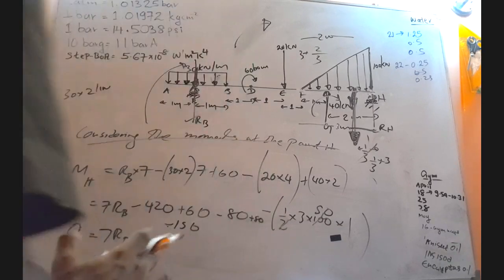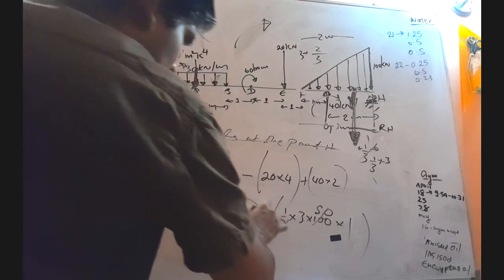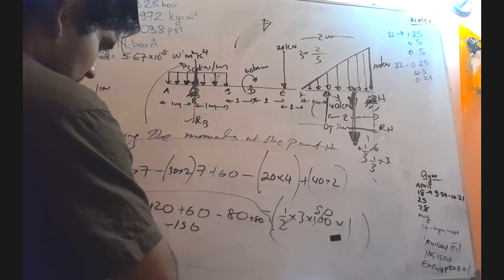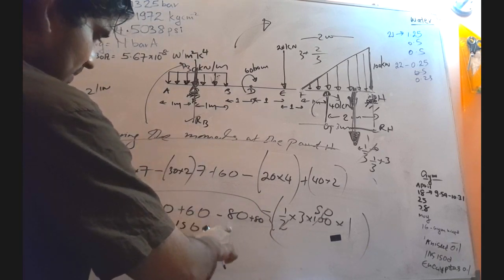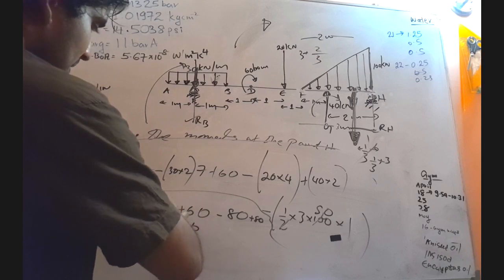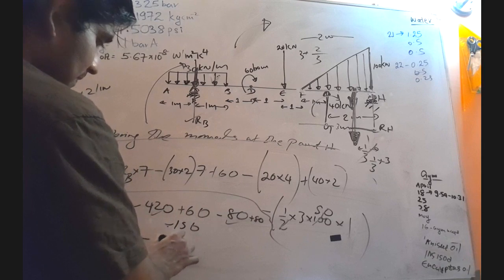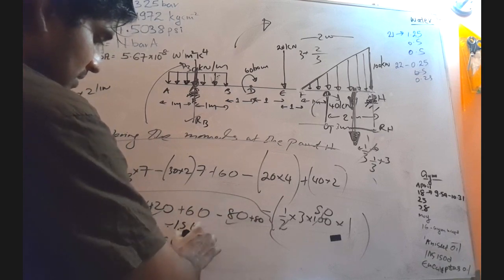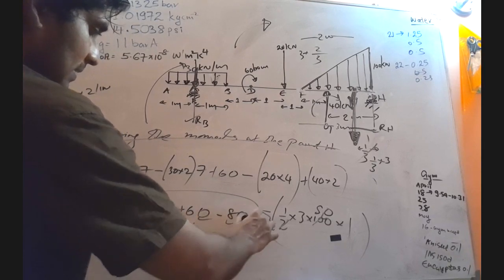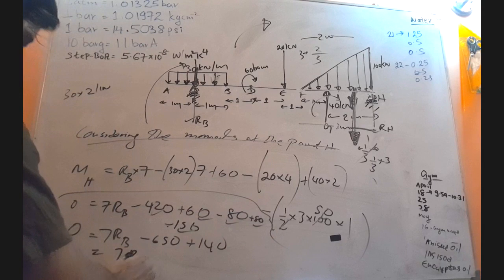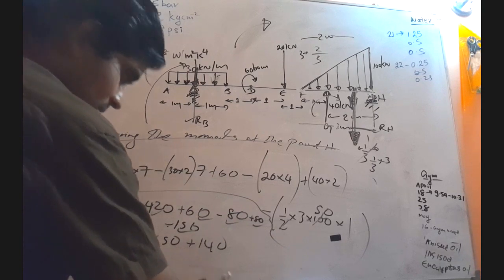Now this is all about simplifications. 7 RB minus 420, minus 80, minus 500, this one minus 650. Then what are the positives? 140, this and this. So then 0 equals, let's do the simplifications, minus 650, positive 140.